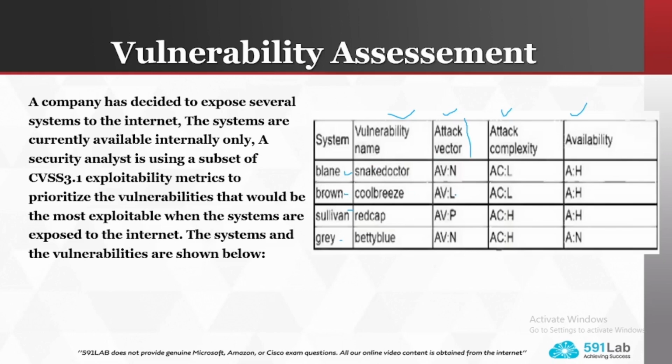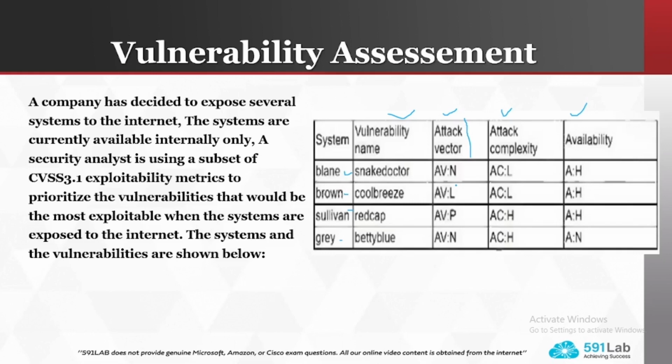For Brown, it requires local access, which might be harder for a remote attacker to obtain compared to network access, while Plain only requires network access, making it easier for a remote attacker, while Sullivan requires physical access, which is most difficult for a remote attacker. Gray and Plain require network access, so it is easier for a remote attacker.